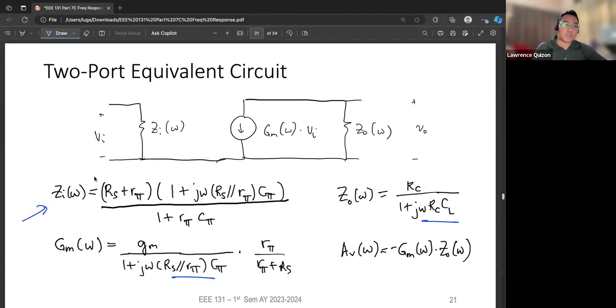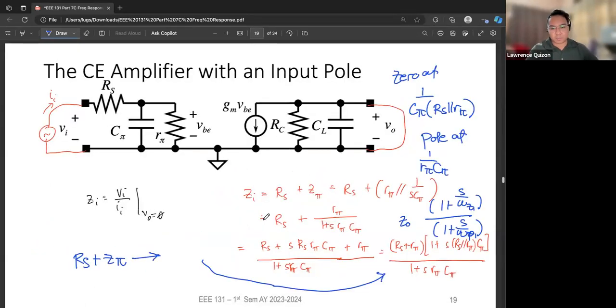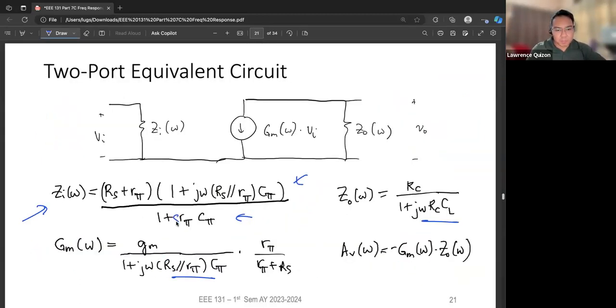Interesting thing happens for the input impedance, in which the pole that was introduced to GM is actually a 0 for the input impedance, and it has 1 plus S R pi C pi over here. So malito.